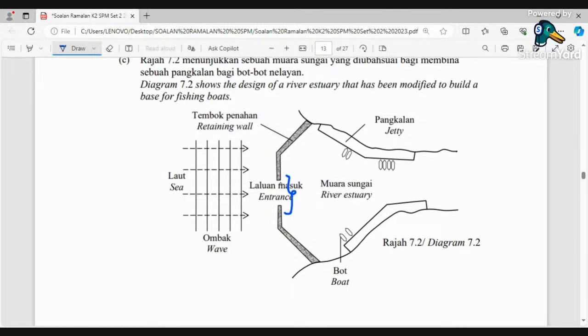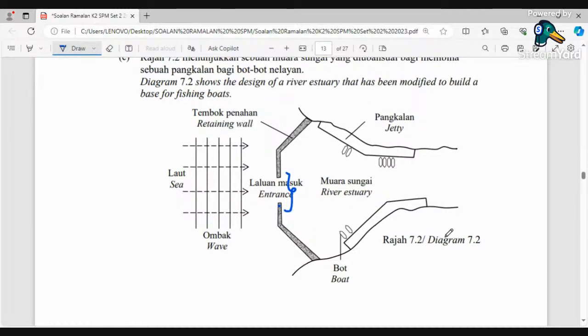So the purpose of creating a gap here is to produce effect of diffraction, which is more obvious. So the wave will be spread more, amplitude is smaller, so it becomes less wavy area here. Okay, itu adalah tujuan dia.